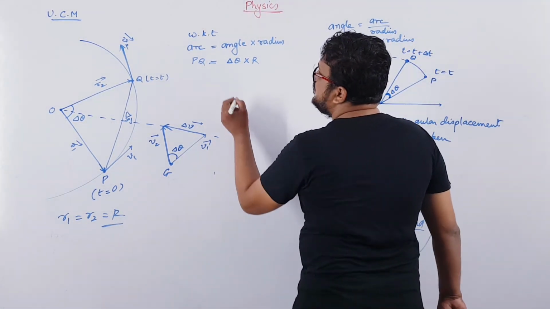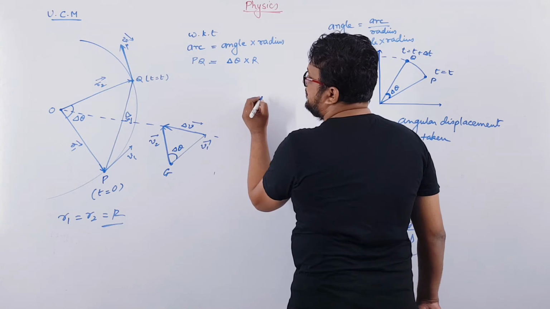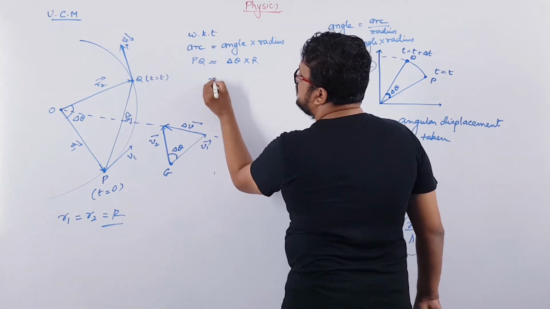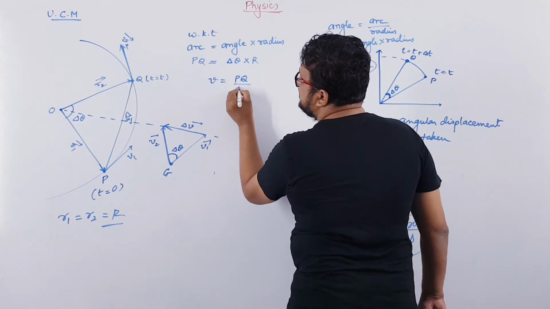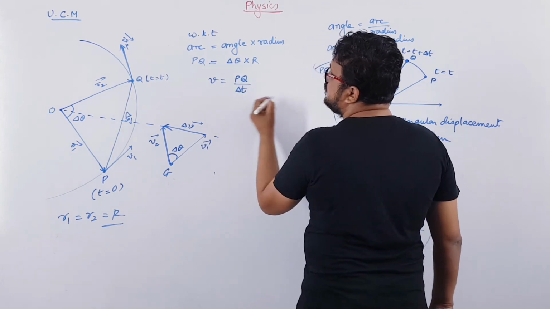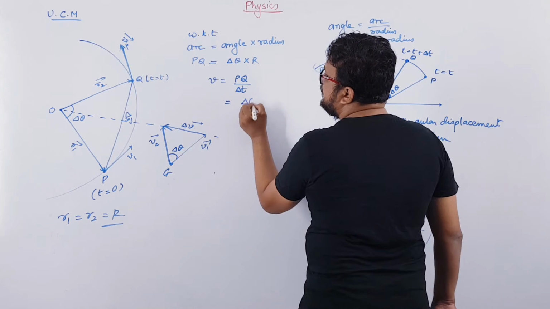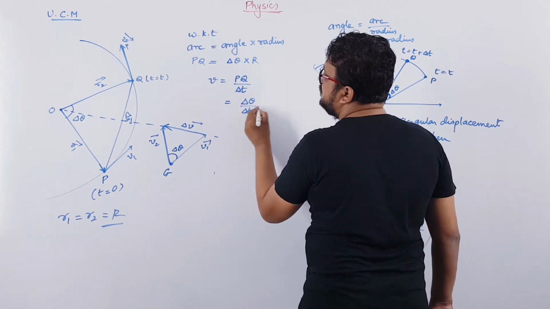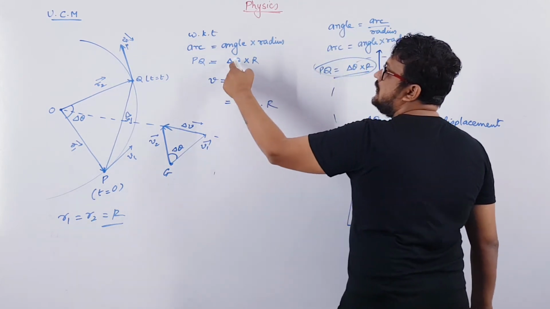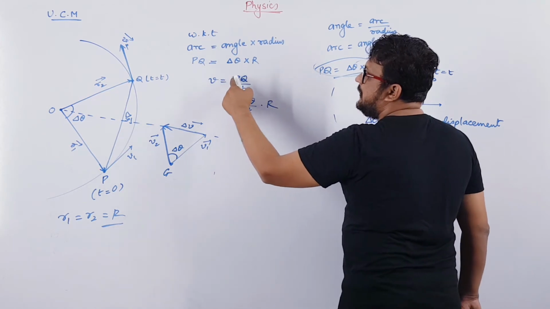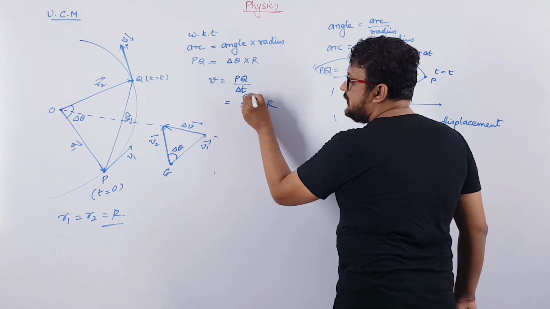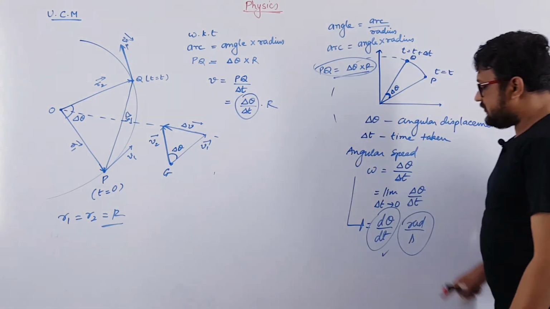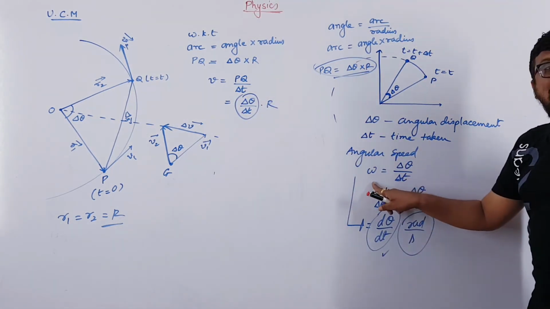Right, now what is the formula for velocity? We know that velocity is arc PQ upon time taken. Let us say time taken is delta t. So what is arc PQ? Arc PQ is delta theta into r. So delta theta into r upon delta t. But delta theta by delta t, we have already seen, is omega, angular speed.